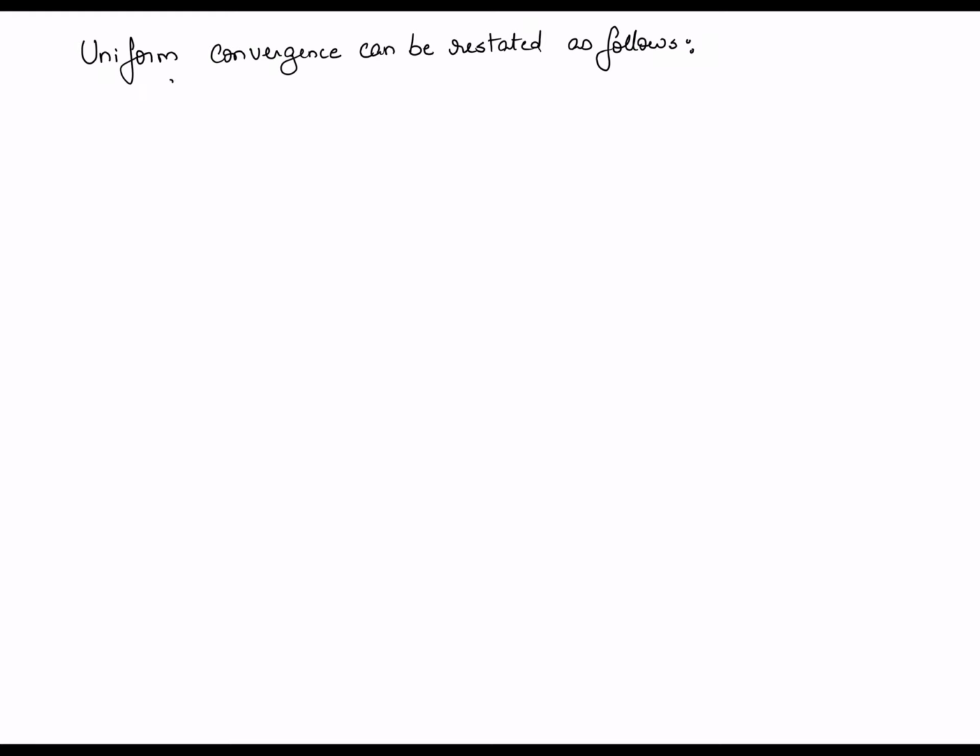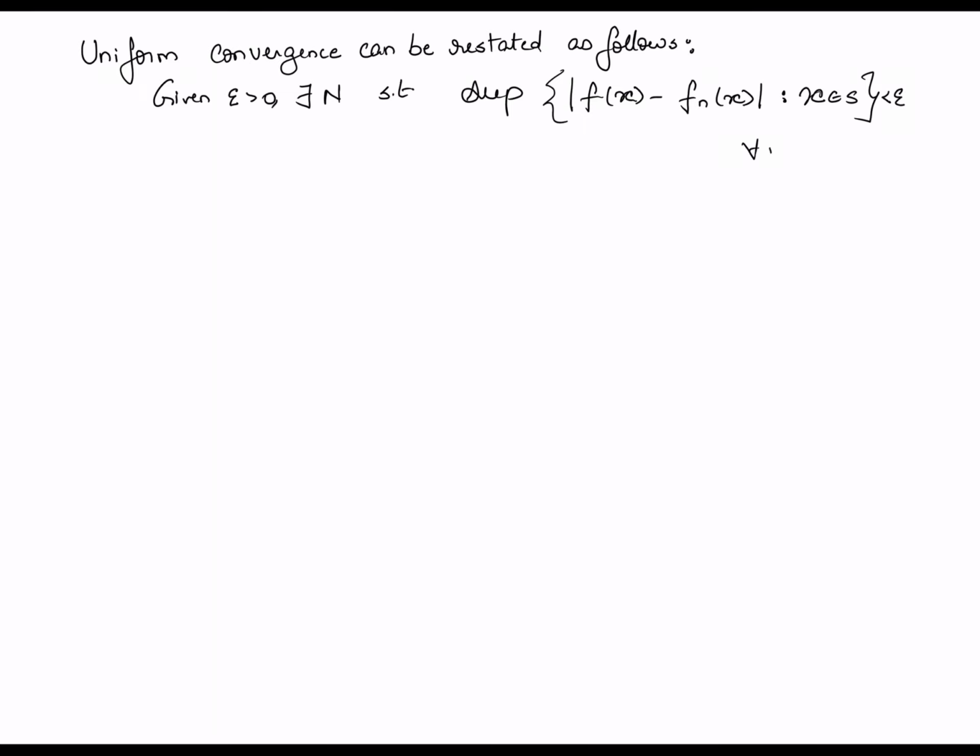Given epsilon greater than 0, there exists N such that the supremum of the difference, where the supremum is over all x belonging to S, must be less than epsilon for all n greater than capital N, right? Go back to the definition of uniform convergence and convince yourself that this is in fact exactly the case, right?